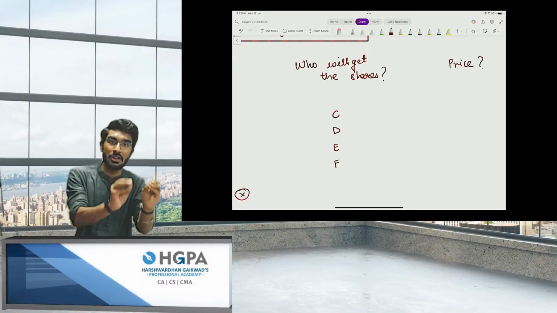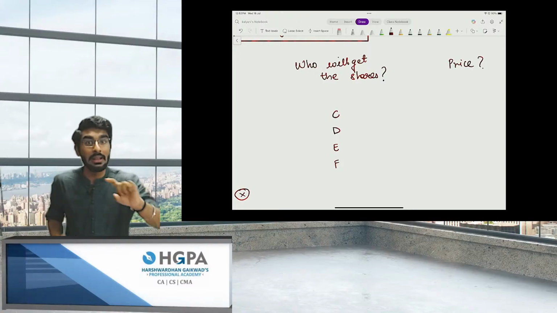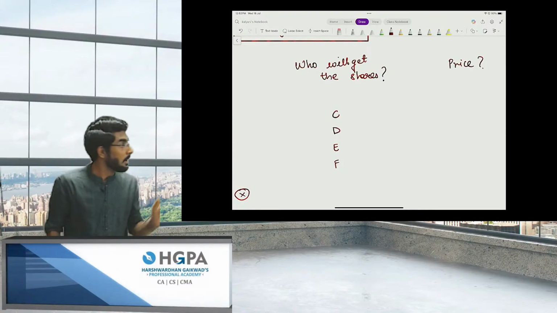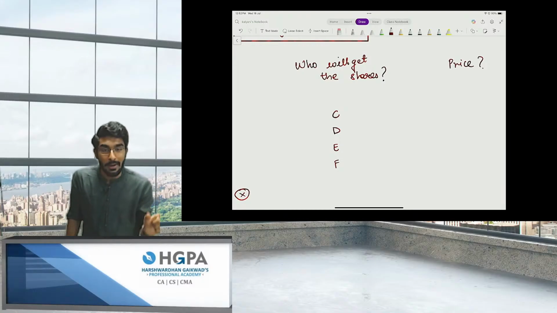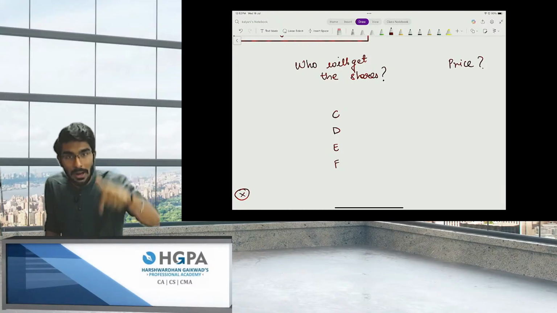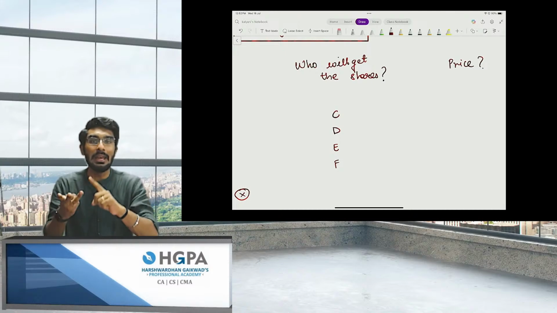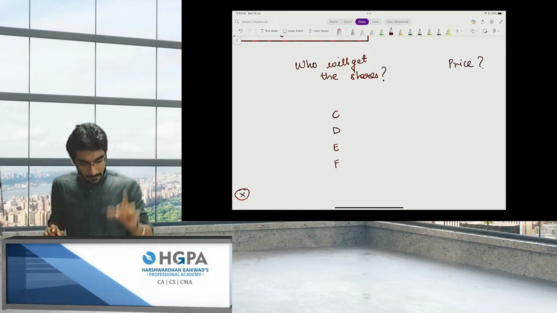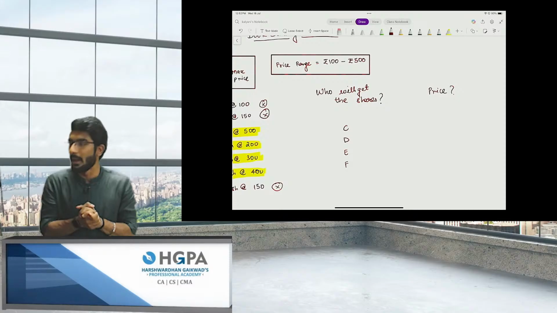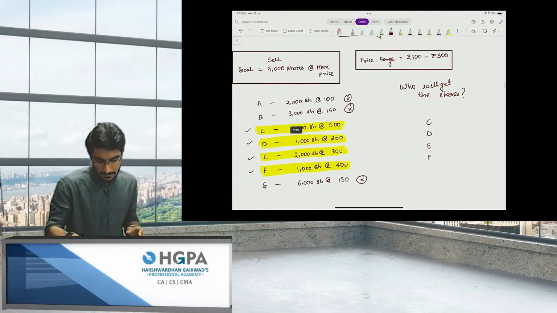You cannot give shares at different prices. No. Then it will become inequality. So our goal is now to find the one price that could be sold to C, D, E and F. Now people, you tell me how are you going to find out the price?